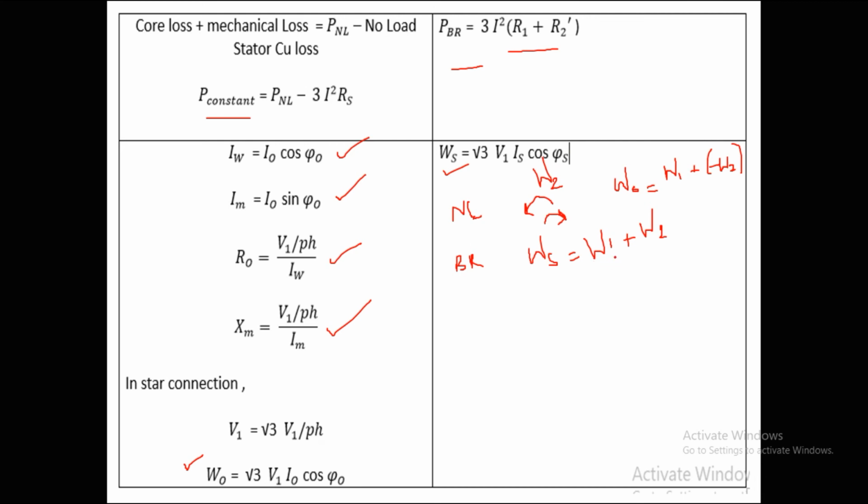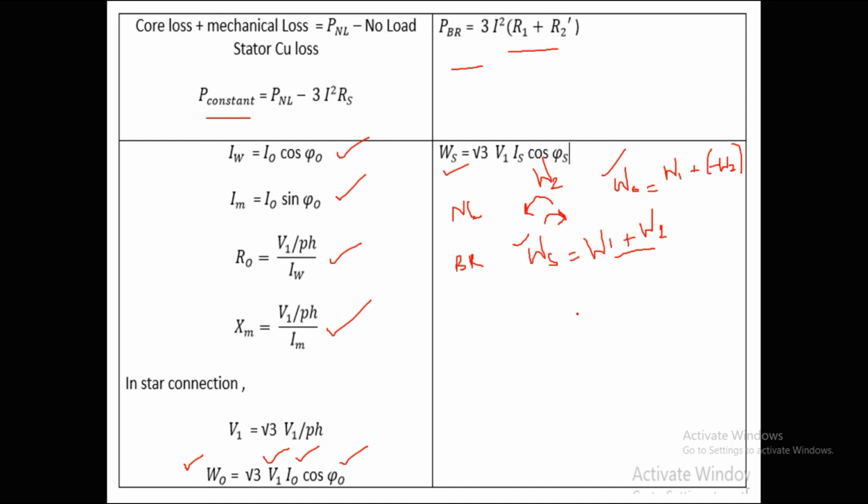So the formula for finding WS will be W1 plus W2. From that we can find the power for the no load and blocked rotor tests. With the help of the voltmeter, ammeter and wattmeter readings, we can find the power factor, or with the help of the tan inverse of psi formula, we can get the power factor also.